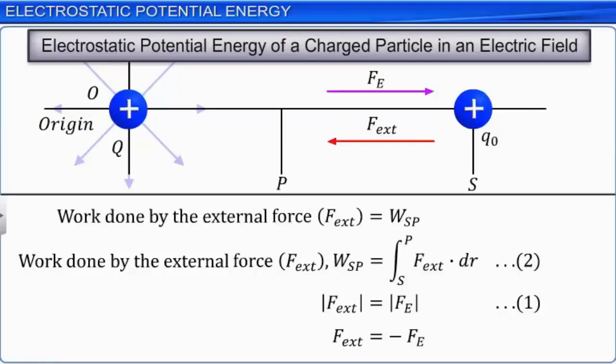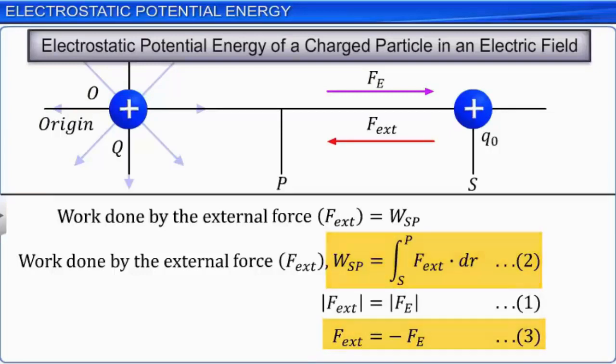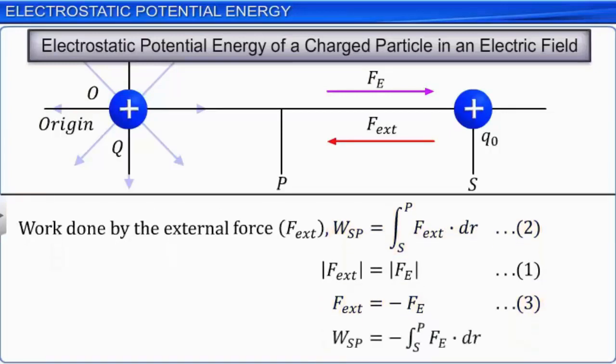Let this be equation 3. Substituting the value of the external force F from equation 3 in equation 2, we get WSP is equal to minus integral Fe dot dr in the limits S to P. Let this be equation 4.